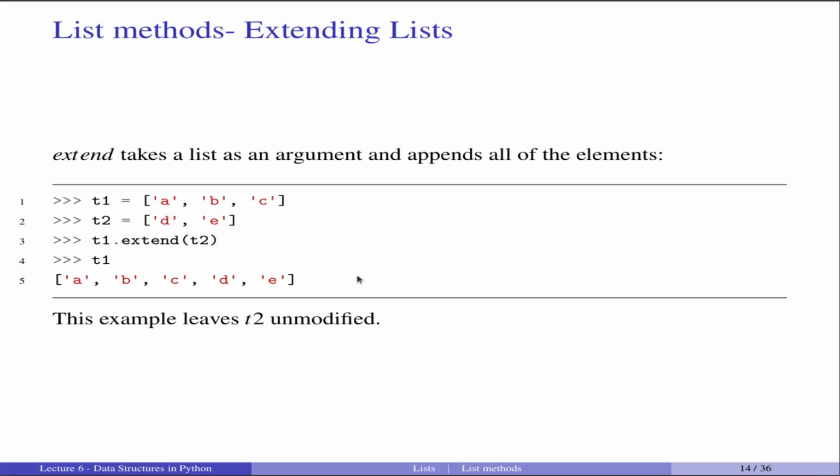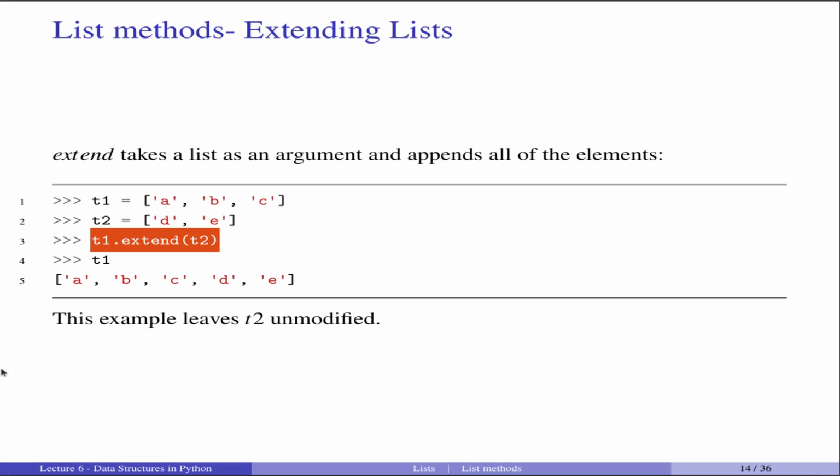Now comes extend. Extend takes a list as an argument and appends all of the elements. So for example, I have two lists, a, b, c, d, and e: t1 has a, b, c, and t2 has d, e. So now if I use the method t1 dot extend t2, it will append the elements of t2 to the list of t1.